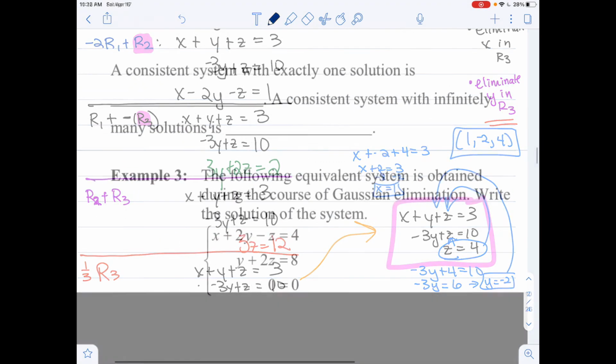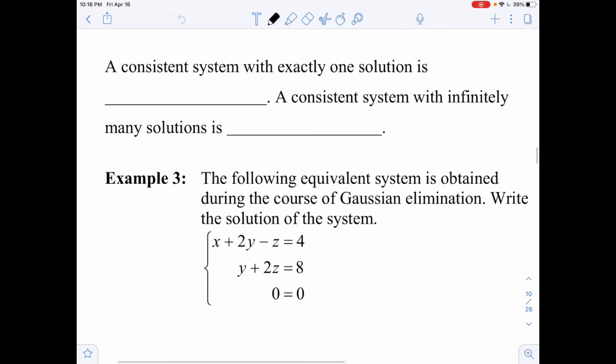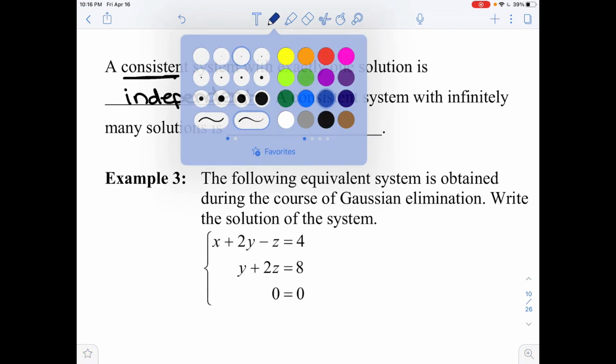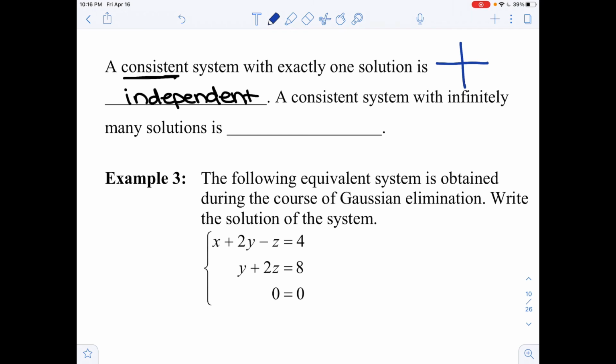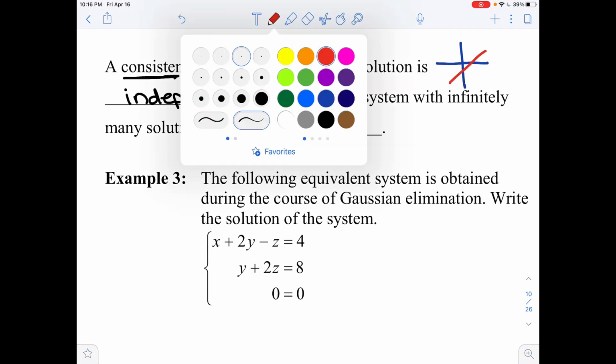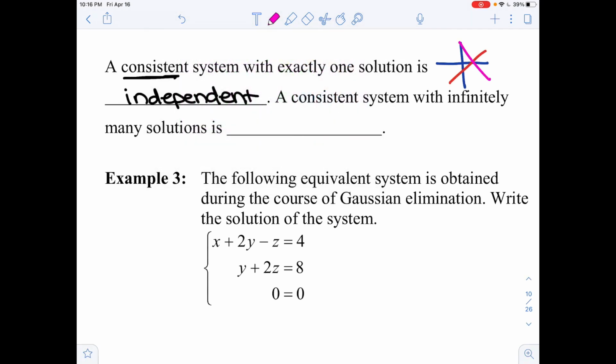Okay? And then finally, we talked about a consistent system, which means it has one or more solutions, but when it has exactly one solution, this is called independent. So remember, it looks like this. When it has exactly one solution, we've got 2 linear equations, and there's only one solution.